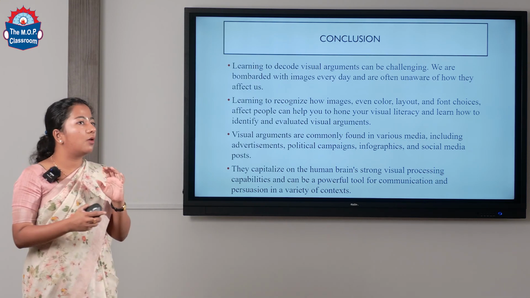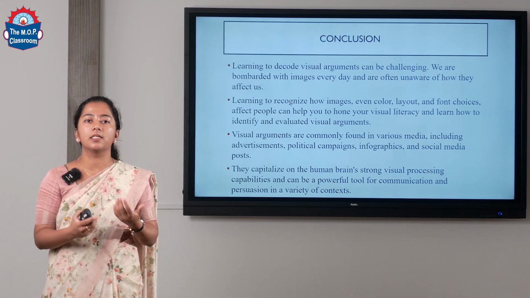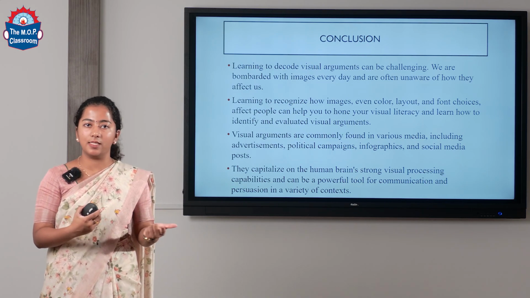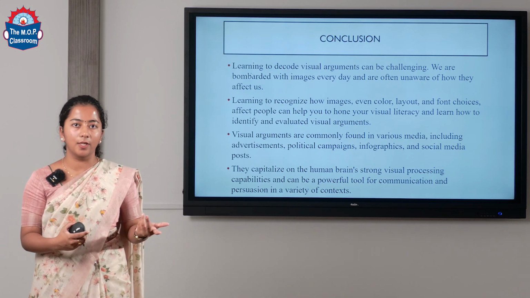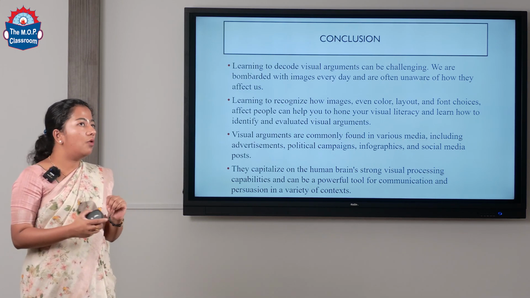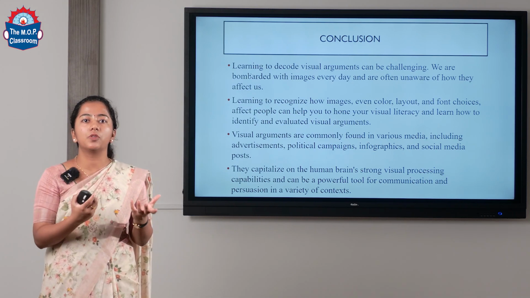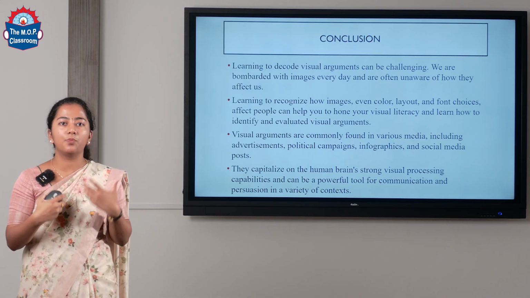Now, where do you find visual arguments? Basically, you find them in media, in infographics, in political cartoons, in memes, etc. So these are all different areas where you will come across visual arguments. And now, why are visual arguments so useful or important? They play upon the brain's processing power.